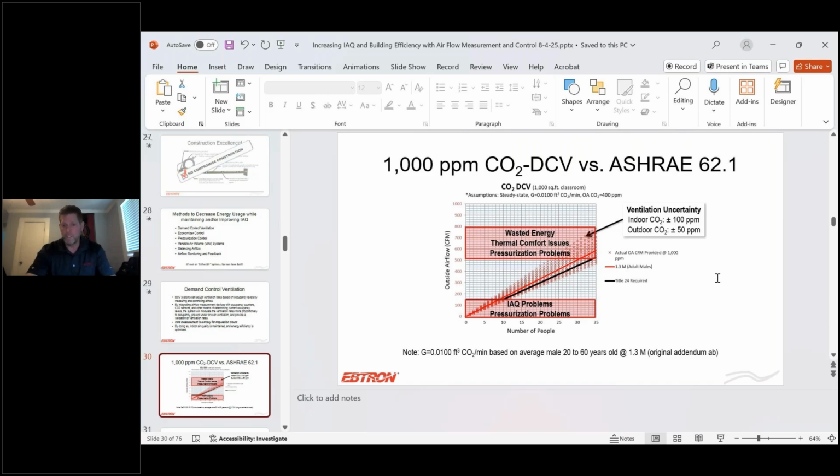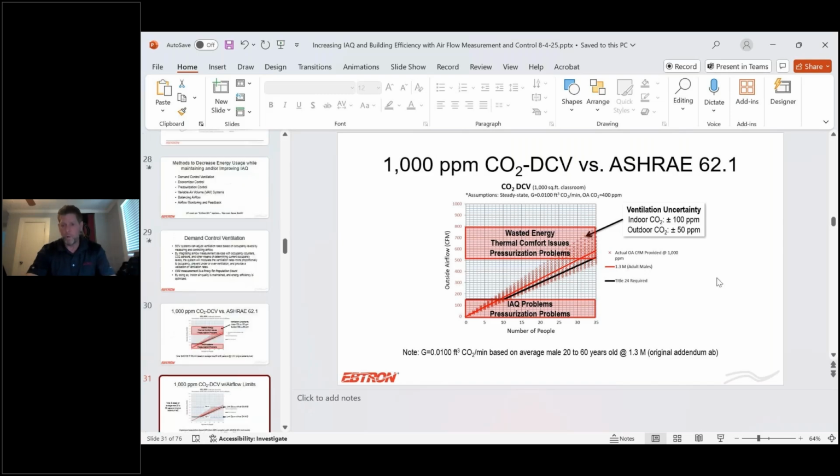And there are some other issues related to accuracies and things like that. But then at the end, you could potentially be overventilating the space because there's no max limit on your ventilation rate. As long as your CO2 level continues to rise or stays above 1,000, it's going to continue to increase the ventilation. And once everybody gets up and leaves, you're still ventilating an empty space. So that's a waste of energy.